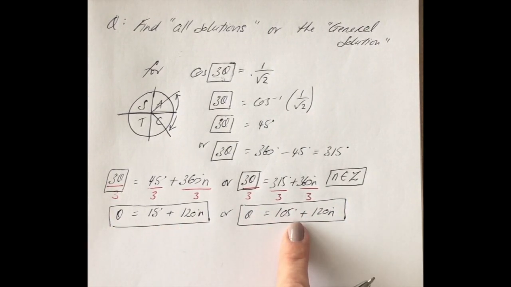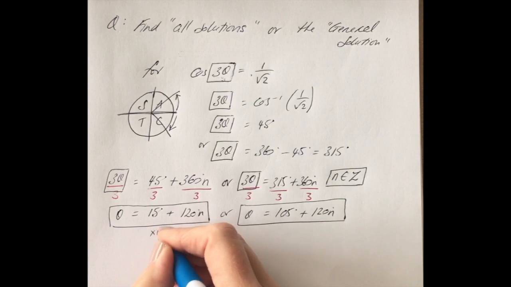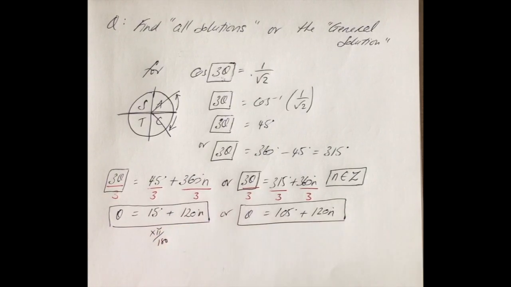And then just a final little note: if we were asked for it in terms of radians, of course you're going to multiply by pi over 180. So we would get the following: pi over 12 plus 2/3 pi n, or sometimes it's written as 2/3 n pi. Sometimes they put the n in the middle, but either way it doesn't matter.